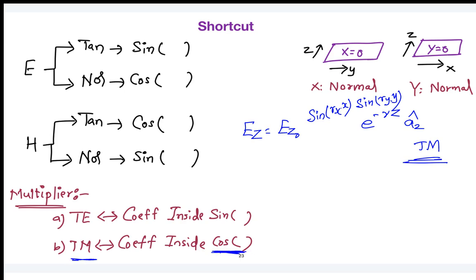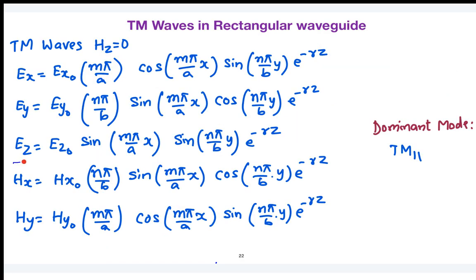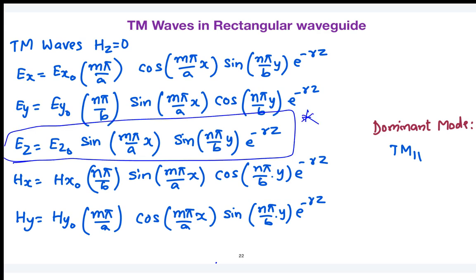Since there is no cos term here, you can take the multiplier as 1. So you are going to get both sine. You can remember this now, it will be helpful while solving problems. When you have both sine, it is transverse magnetic wave. When you have both cos, it is TE, transverse electric.